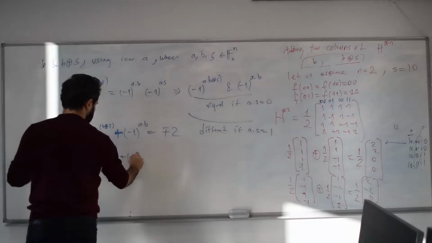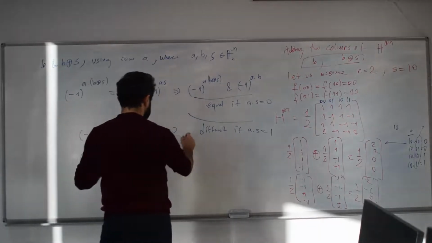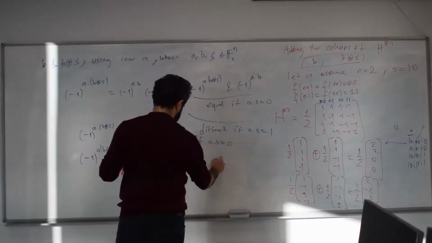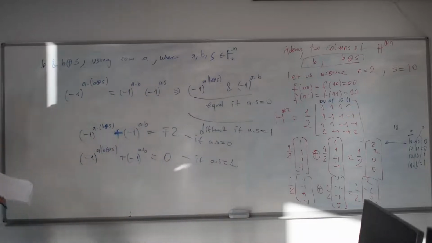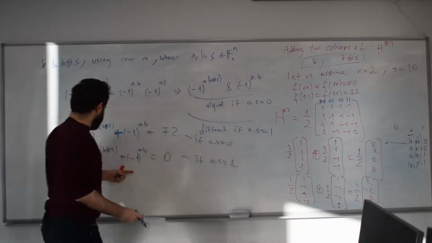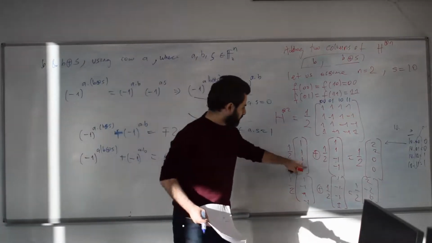Plus minus (-1)^(A·B) if A dot S is 0, and 0 if A dot S is 1. Here we observe this is true because the rows cancel each other out, as you can see in this example.